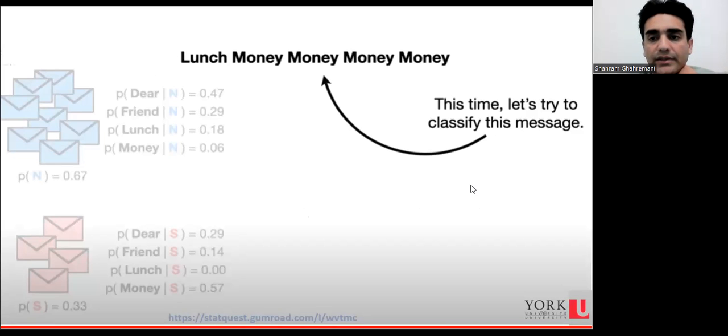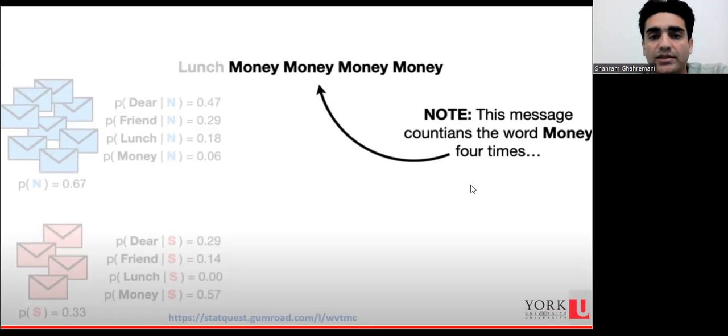Now that we understand the basis of naive Bayes classification, let's look at a slightly more complicated example. This time, let's try to classify this message: lunch, money, money, money, money.